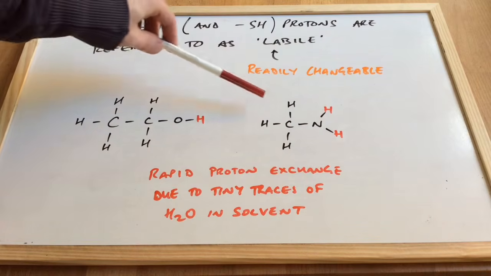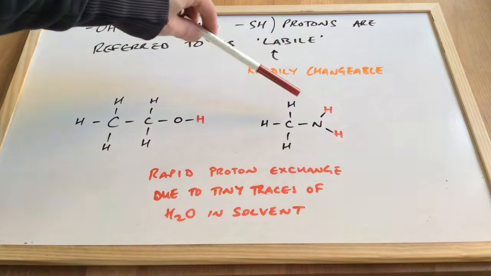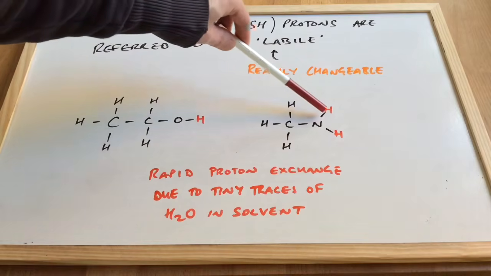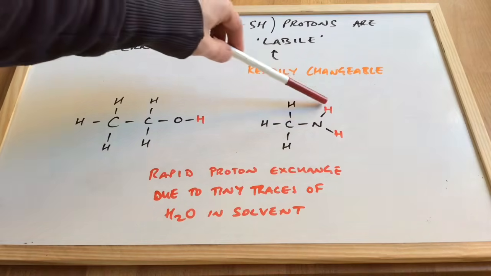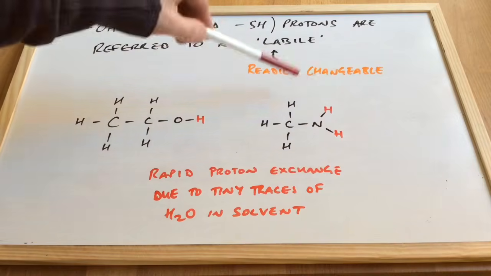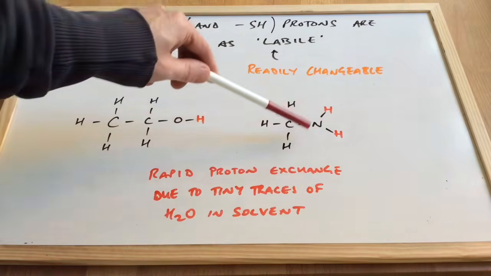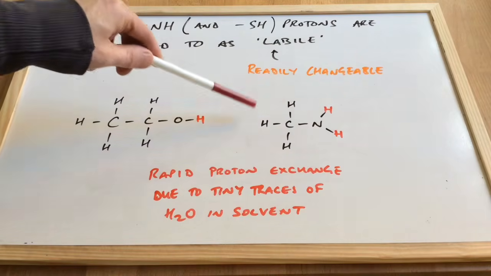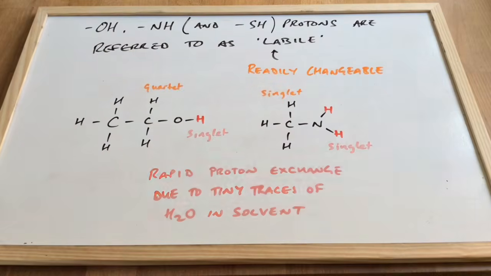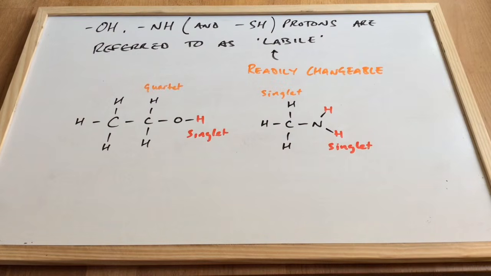And if we think about the methylamine, yes, we've got two adjacent hydrogens on the NH2 group, but because these are labile protons, they're constantly on and off from traces of water, then this would just be seen as a singlet. And as I mentioned at the very start of the video, the OH protons and the NH protons are always seen as singlets. So hopefully you can appreciate why now, because they're constantly on and off the molecule.